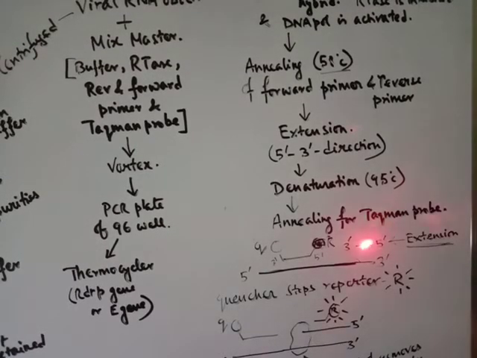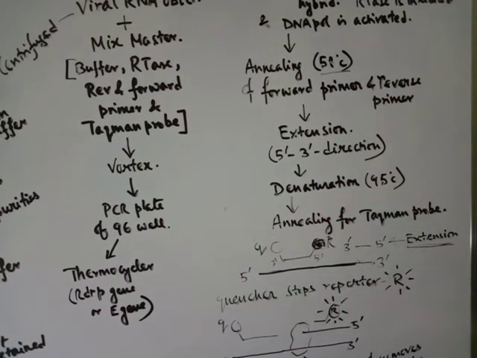So while extension from this 3' end, this is basically a primer, and as this 3' OH is getting extended, the exonuclease activity of the DNA polymerase, as my laser is moving on, will cleave the 5' reporter part, and as it is cleaved, first we will have a pulsing fluorophore signal from the 5' reporter, and it will go on destroying the TaqMan probe, and the quencher will be released as well.